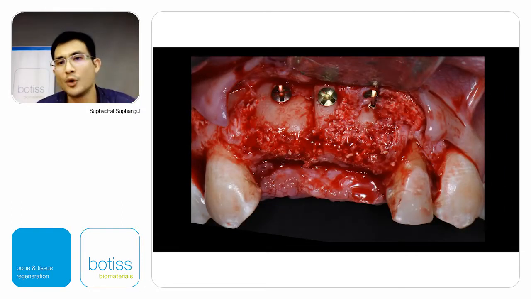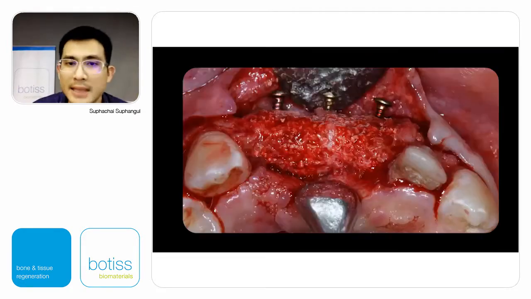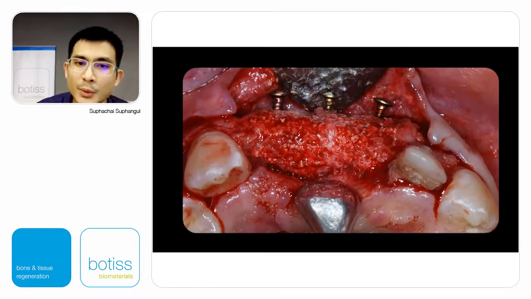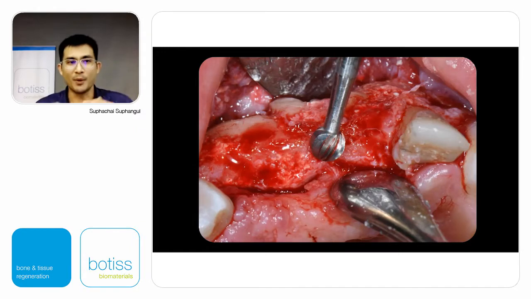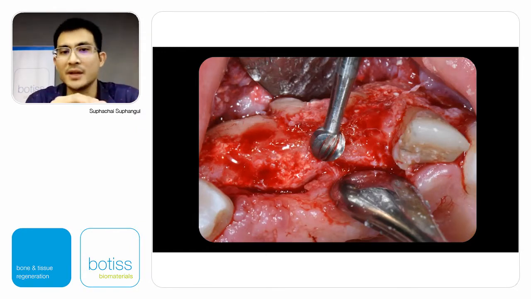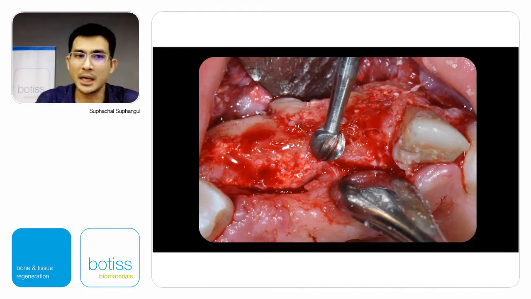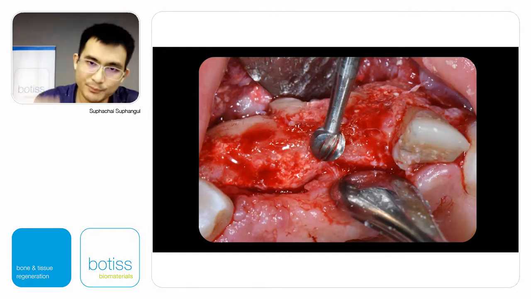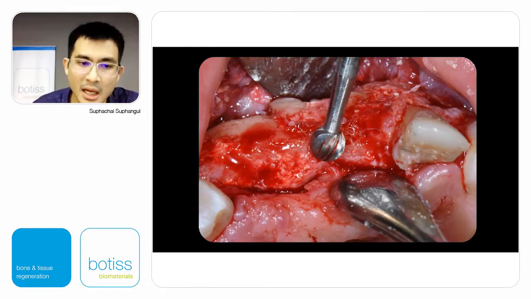That's after I open the flap, then I remove the screw. Because the bone is very good but there is not enough space for the prosthesis, I have to use the rubber to do the alloplasty to get the prosthesis space.